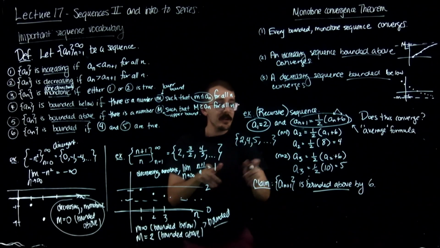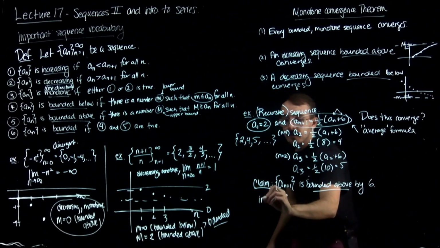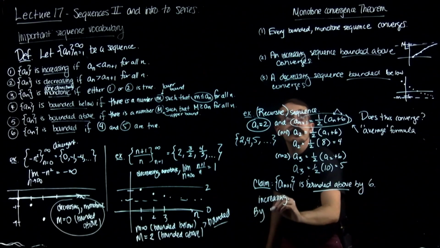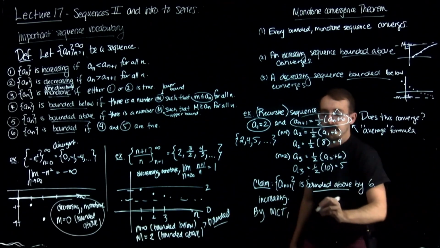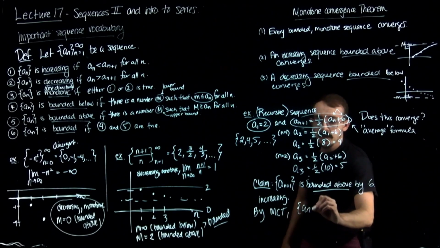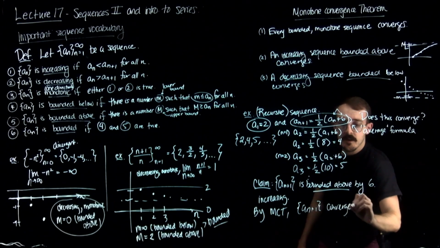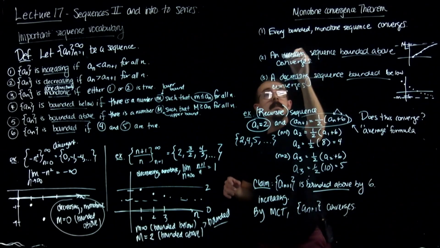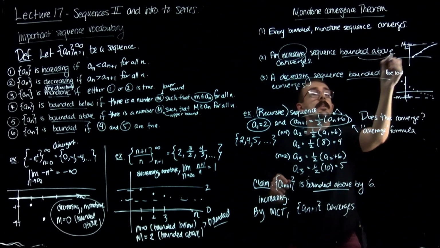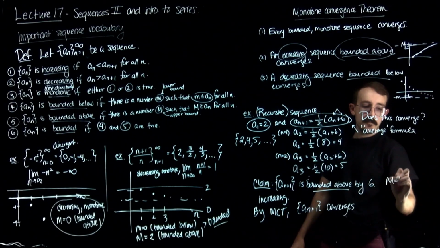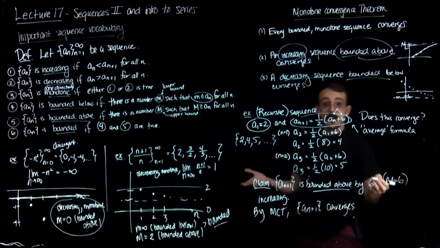So this will be increasing. So I can use the theorem and say by the monotone convergence theorem, this sequence converges. It has to, because it's increasing and bounded above by 6. Capital M here is 6. So I know it converges.